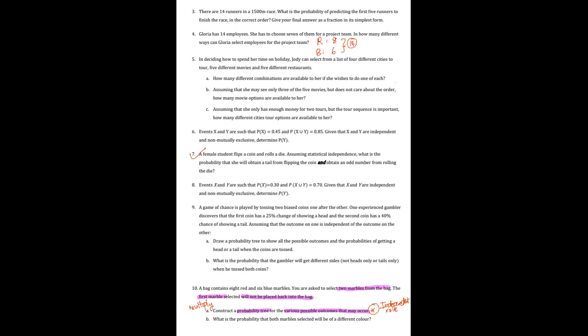So when you are going to choose the first marble, you're going to do the first part of the tree. And we had indicated at the top that 8 out of the 14 marbles are red, and then 6 out of the total of the 14 are blue. So that's literally what you're going to show for the first part of it.